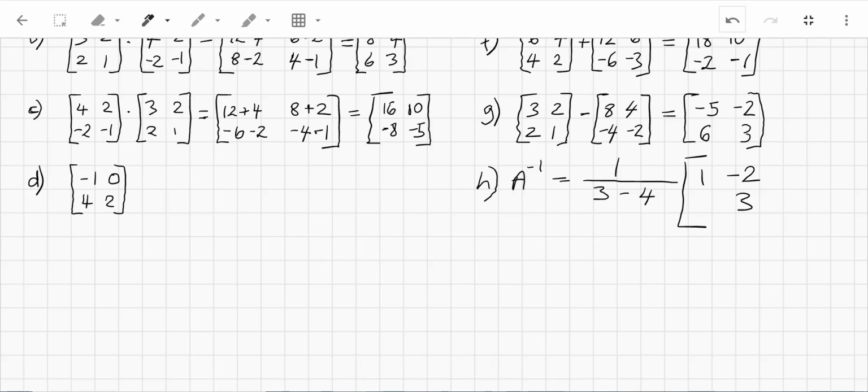Negative 2, negative 2. The fraction out the front, 1 over 3 minus 4, is just negative 1. So I'm going to move that negative, multiply it in, negative 1, 2, 2, negative 3. And that's the inverse of A.